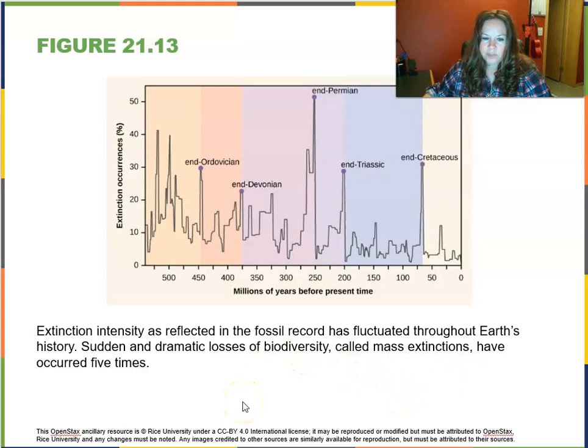Of course, these were sudden and dramatic losses of biodiversity. Here and here, a huge one here, they called this the Great Dying. Here, and then this one when the dinosaurs died out.